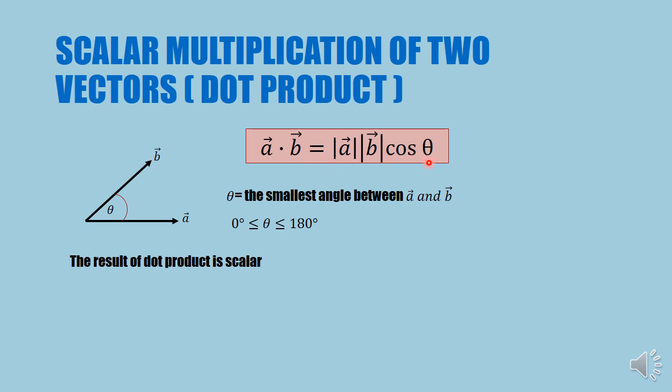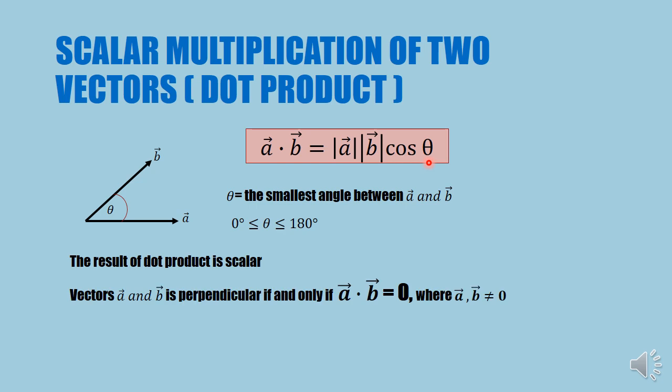Because cosine 90 degrees is 0. So we may conclude that factors A and B are perpendicular if and only if A dot B equals 0, where factor A and factor B are not zero factors. And it also applies vice versa. If A dot B equals 0, then A is perpendicular to B.